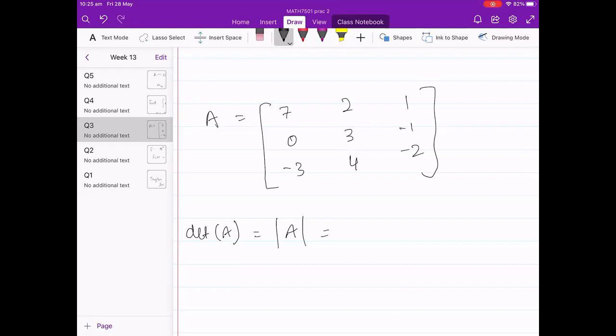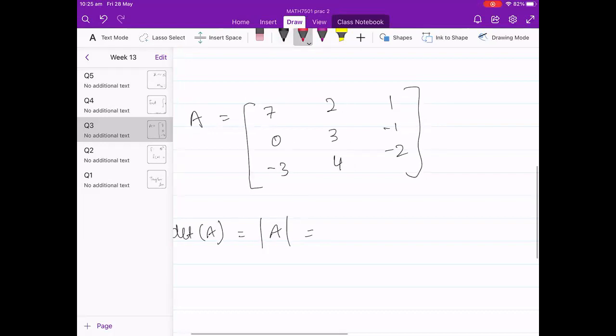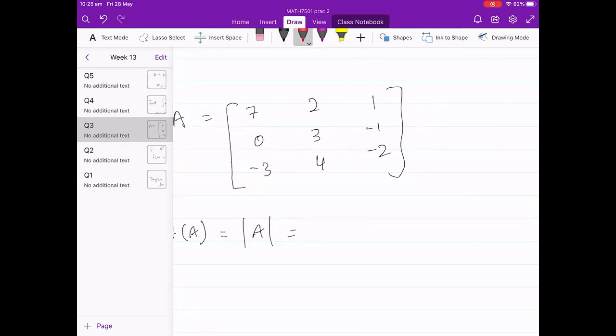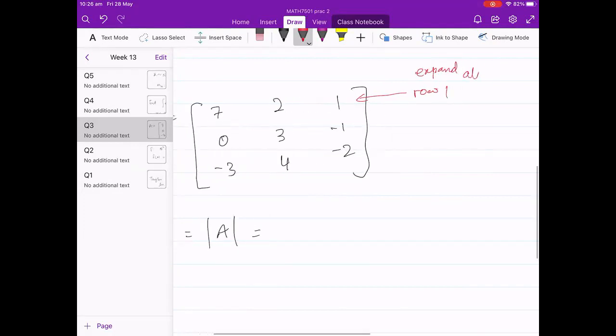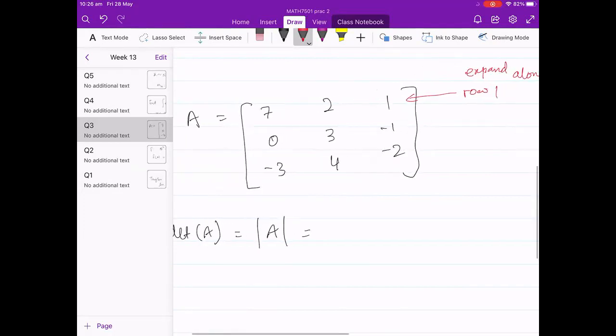Yeah, Ashish, you're right. Cofactors. How do you find cofactors? You expand along any row or any column. Let me take row 1. Expand along row 1.